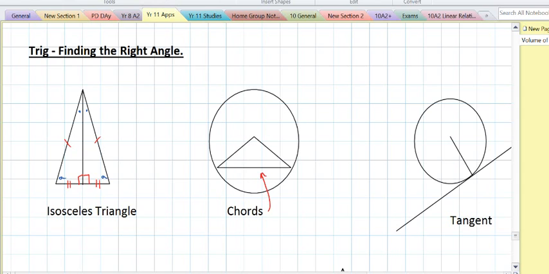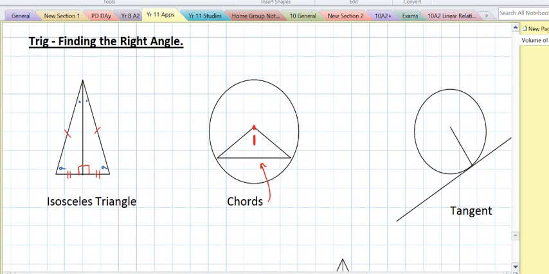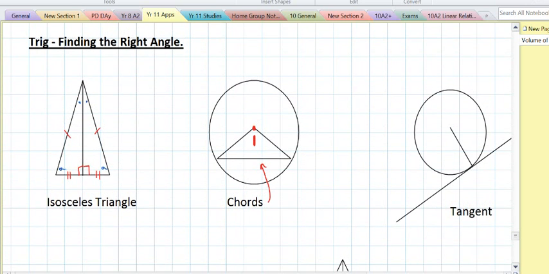Now if we draw two lines from the centre out to either end of the chord, those lines from the centre to the edge of the circle are both radius lines. They are both the radius of the circle, and that makes them the same size. And what you really create is another isosceles triangle.